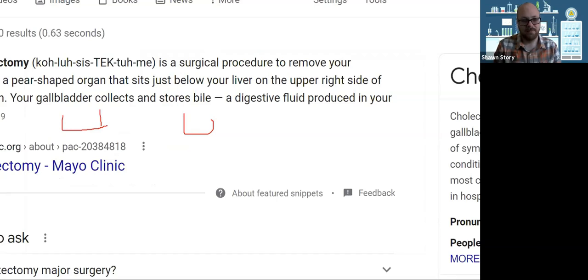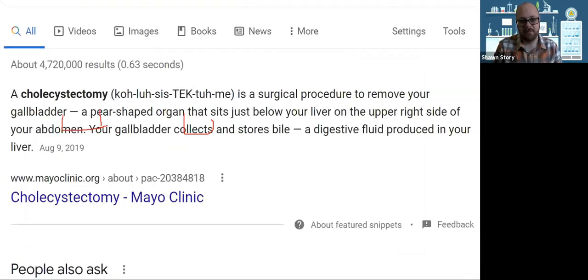Here's our word. And so it's a surgical procedure to remove the gallbladder. So we see the color green because the gallbladder is green. We see ectomy, which is the removal. So we know we're removing the green thing. And that's literally what it's saying if you break up the words. Like removal of that little green cyst thing.